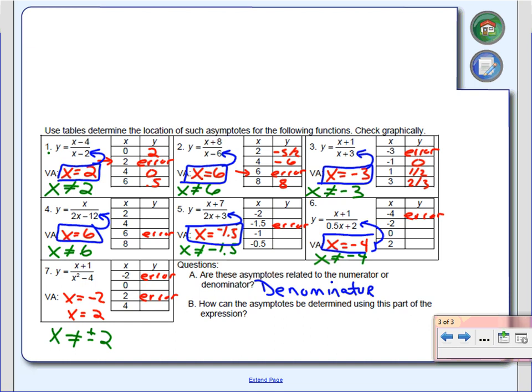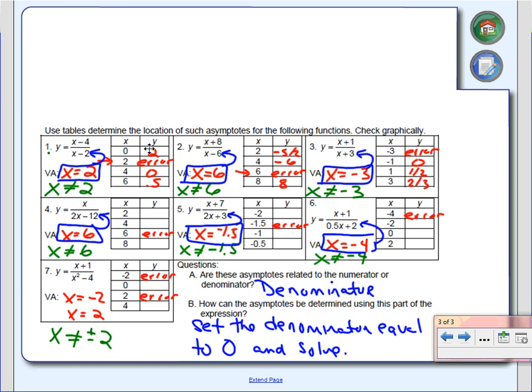Well, here's what we're going to do. We're going to set the denominator equal to 0 and solve. We're going to take the denominators, set them equal to 0, and solve.